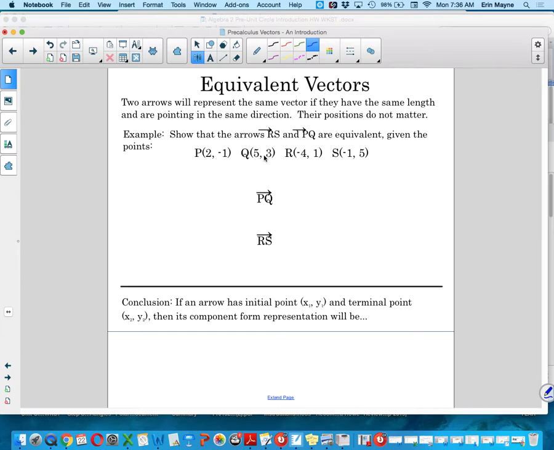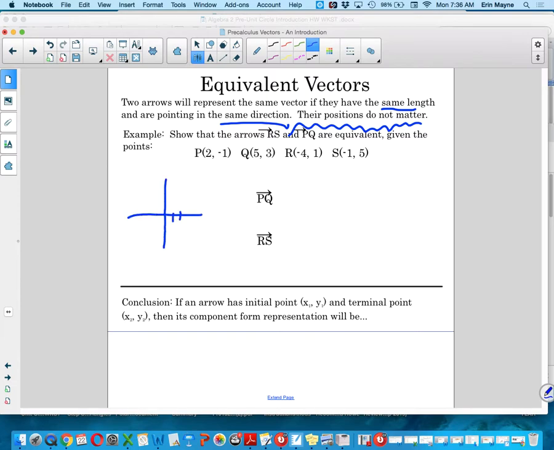Yes. Equivalent vectors are vectors that have the same length and are pointing in the same direction. Code for, they have the same components. Notice this, their positions do not matter. So it doesn't matter where P, Q, R, and S are located. Take PQ, for instance.